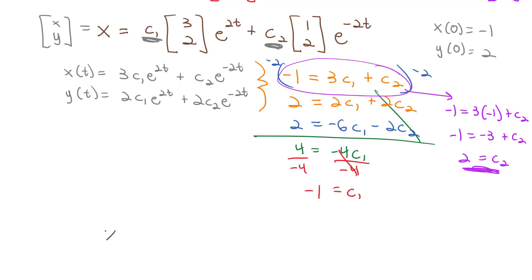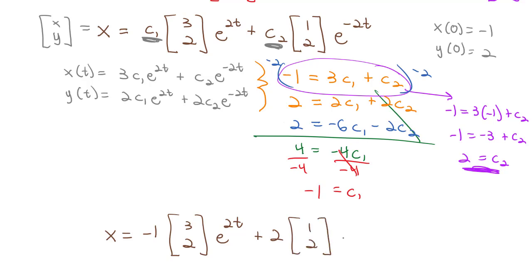So now my solution is x equals c1, which is -1, times 3, 2, e to the 2t, plus c2, which is 2, times 1, 2, e to the -2t.